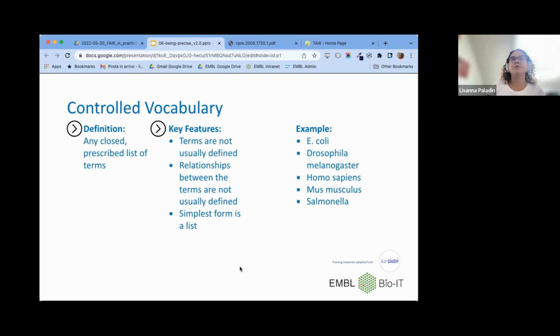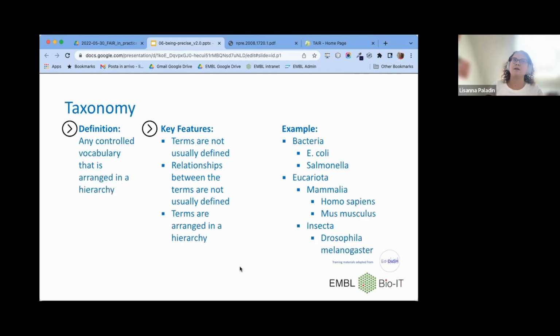The relationships between terms are not usually defined in the general controlled vocabulary, as terms are not. The simplest form of a controlled vocabulary is just a list. It can appear in the form of a drop-down list, for example. This means that the general type of controlled vocabulary doesn't really describe a structure for its own data.